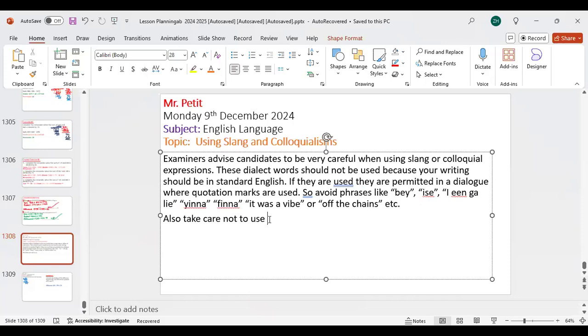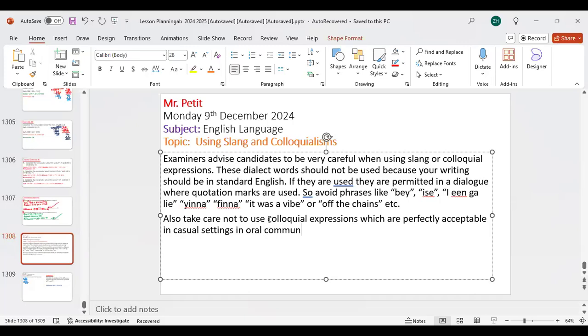Also take care not to use colloquial expressions which are perfectly acceptable in casual conversation, in casual settings, in oral communication.